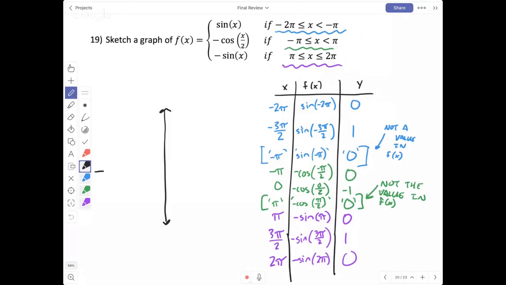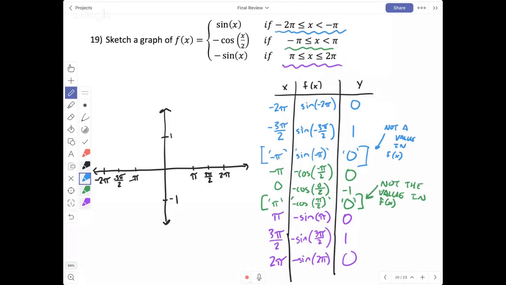And here's 2 pi. And here's pi. And here's the same amount. Pi. And 2 pi, and up to 1, and down to negative 1, and there's negative 3 pi over 2, and there's 3 pi over 2.